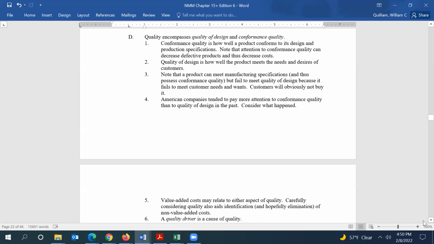Now, on the other hand, can a product have high quality of design, so people would want it, they desire it, they like it, but have low conformance quality, so it's not made well? Yes. One thing that I always think about around Oscars time is the gowns that actresses wear on Oscar night, what they wear on the red carpet.